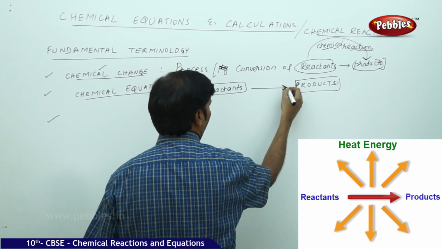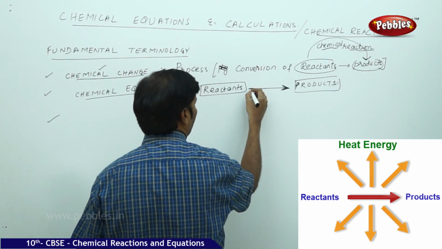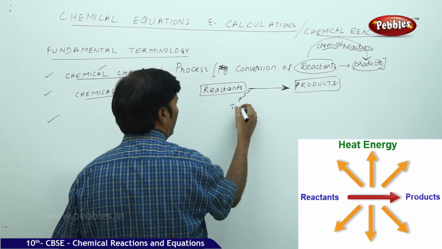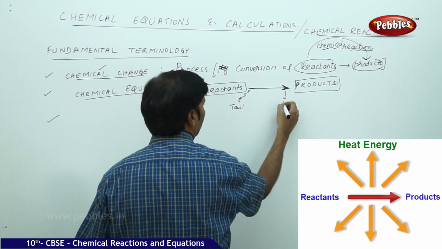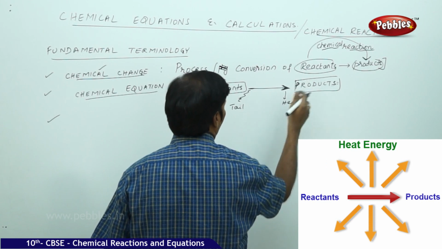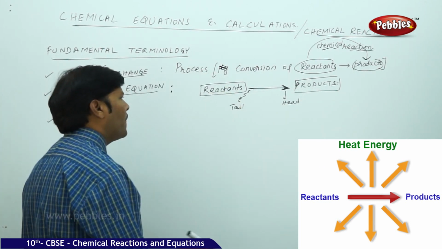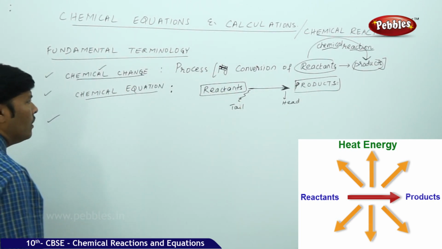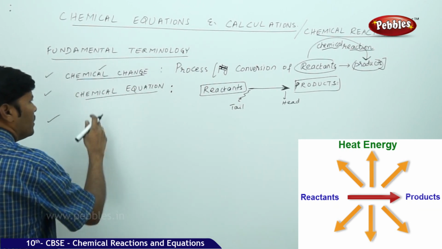We have a right side arrow and we have a tail. This we call the tail, and this we call the head. Head is faced by products and tail is faced by reactants.